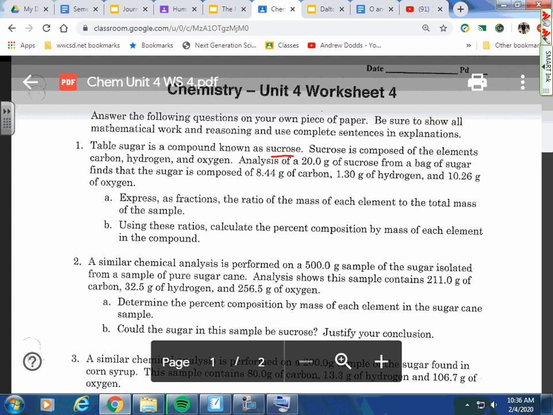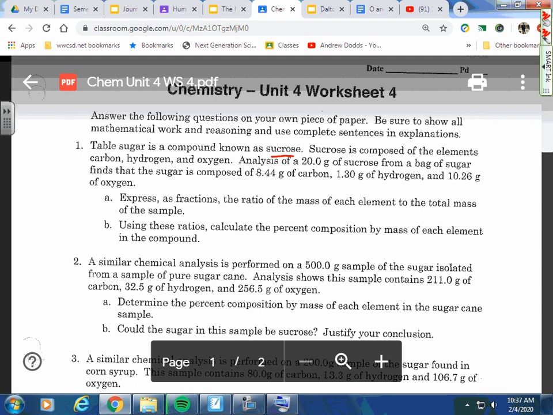Analysis of 20 grams of sucrose from a bag of sugar finds that the sugar is composed of 8.44 grams of carbon, 1.30 grams of hydrogen, and 10.26 grams of oxygen. 1a, express as fractions the ratio of the mass of each element to the total mass of the sample.